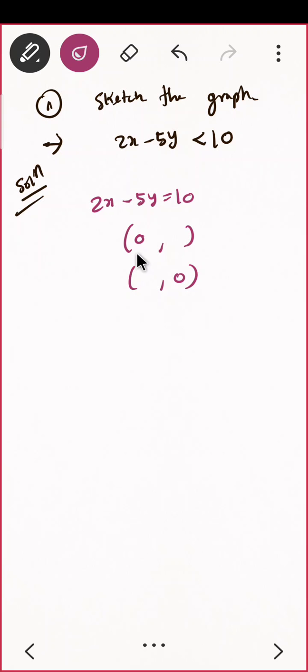In the equation, if I put x as 0, this will become minus 5y equals 10. So y equals -2. Is that correct? And what about this? If I put y equal to 0, then x is 5.